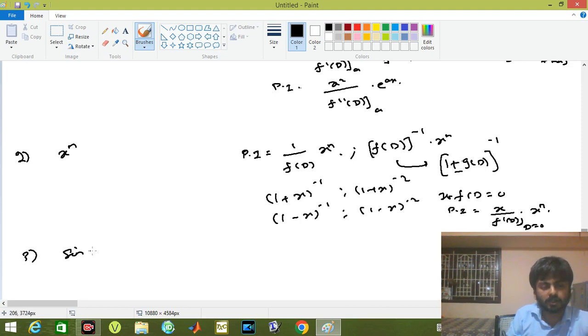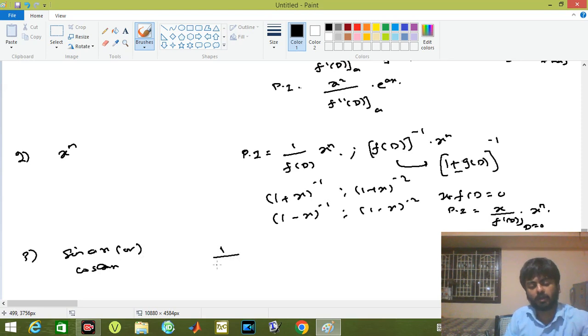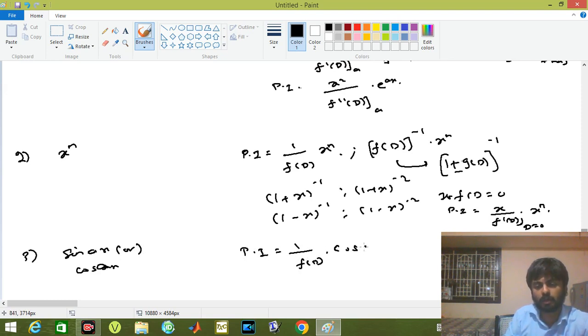Now the third type is sin ax or cos ax. If you are having this, you can find a particular integral in the following way. PI equals 1 by f of D into cos ax or sin ax. Here you have to replace D squared by minus a squared. It is not minus a the whole square, that is wrong.